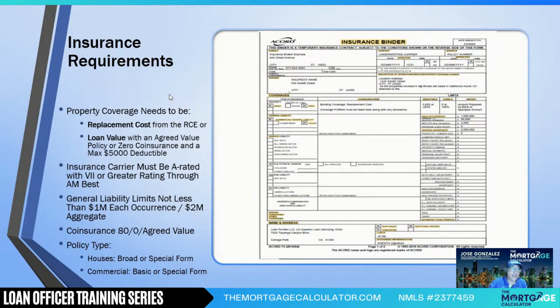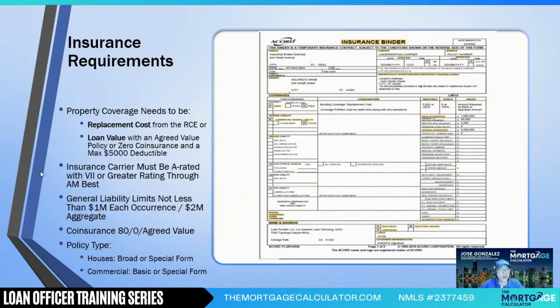So you need to either have a policy for the replacement cost of the structure or for the loan value, and it has to be an agreed value policy or zero coinsurance policy, and both can only have a max deductible of $5,000. That's not a very high deductible.